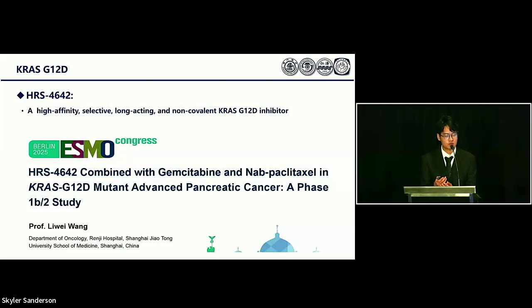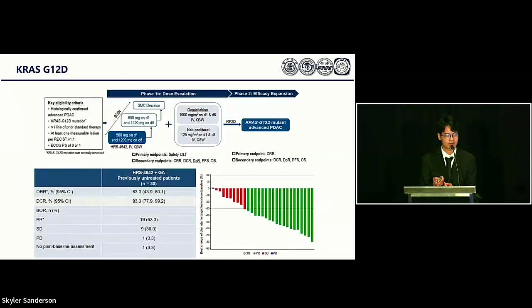And at the 2025 ASCO annual meeting, Professor Liu Wang introduced the novel KRAS G12D inhibitor HRS-4642, a high-affinity, selective, long-acting and non-covalent KRAS G12D inhibitor. This study aimed to evaluate the efficacy of HRS-4642 combined with gemcitabine and nab-paclitaxel in KRAS G12D mutant advanced pancreatic cancer in China.